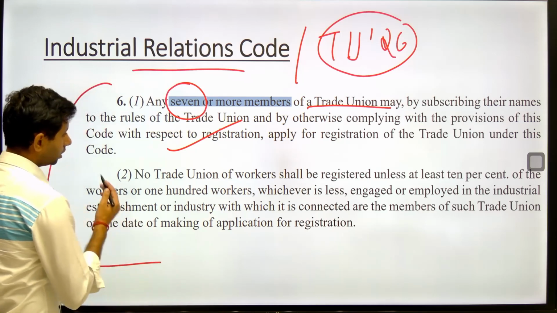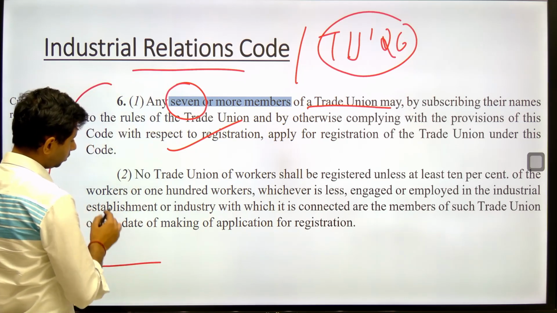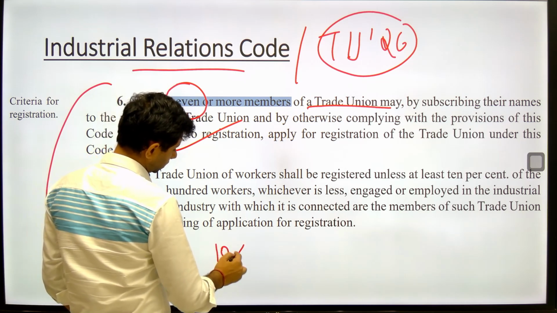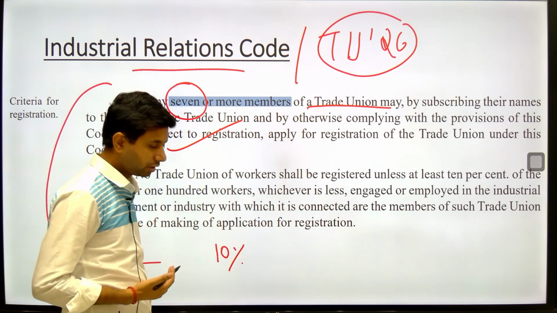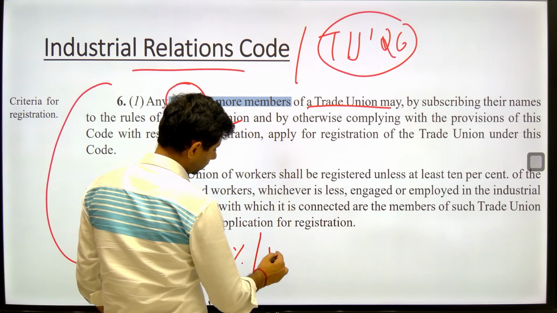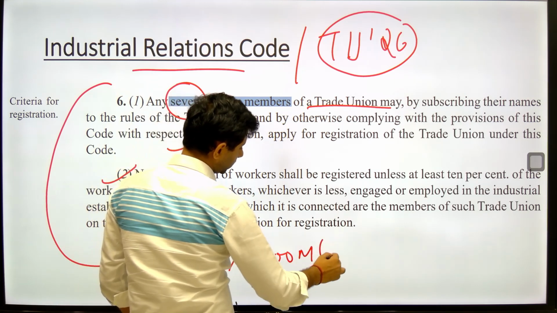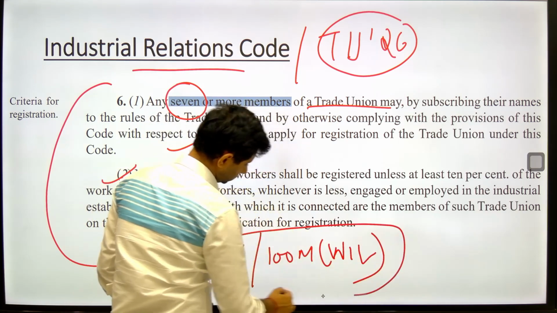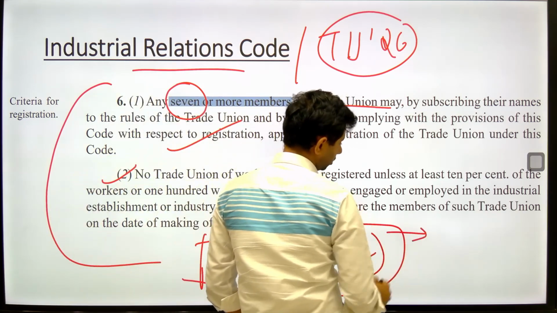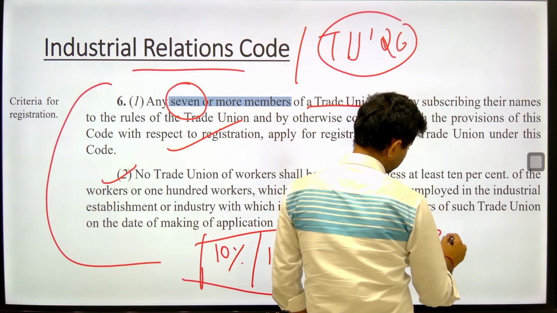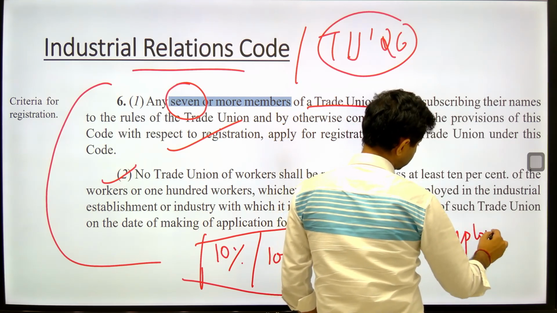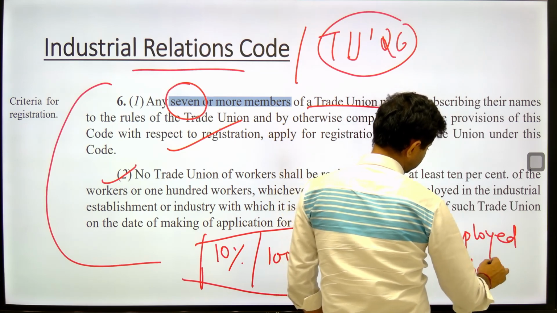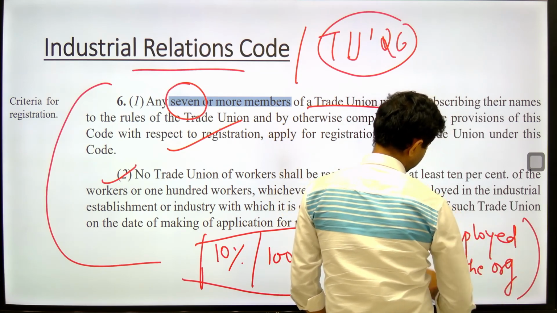There is also another provision with respect to trade union registration, that 10% of the members of the trade union or 100 members, whichever is less, must be employed in the organization where the trade union is getting registered.